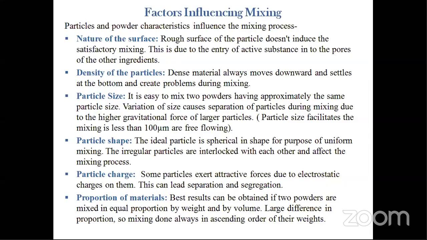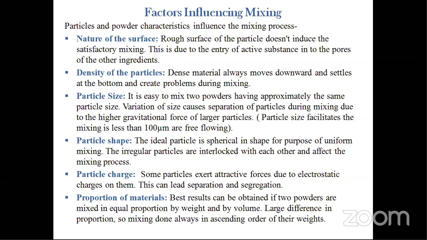Next is the particle size. Particle size is the most important factor in mixing. If your particle size is too large, or you take various types of particles in this mixing process, two or three types of particle size in the mixed powders, what happens? Due to the variation in size, separation of particles happens during mixing because of the higher gravitational force on large particles.